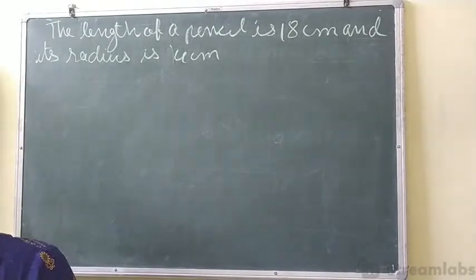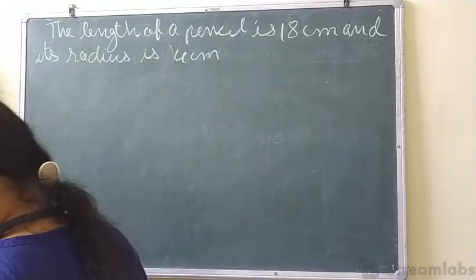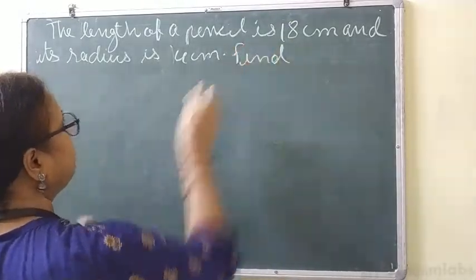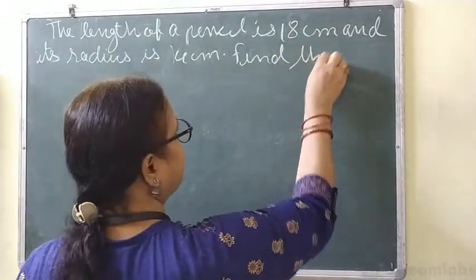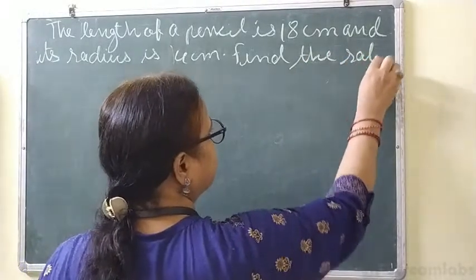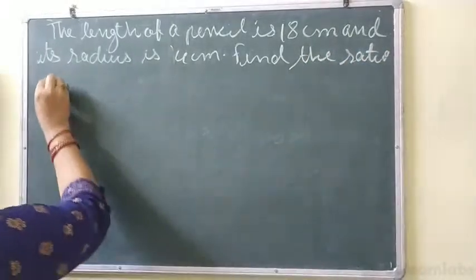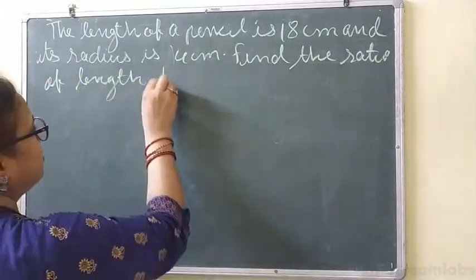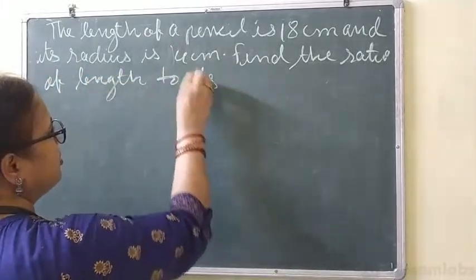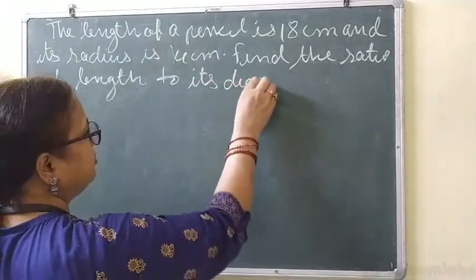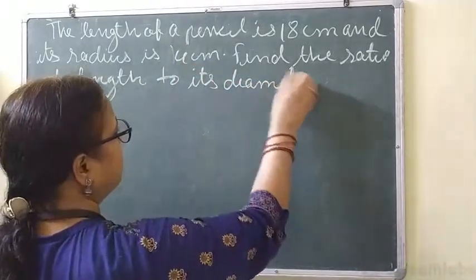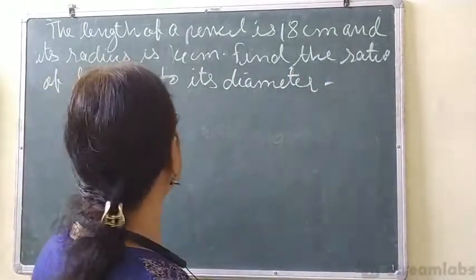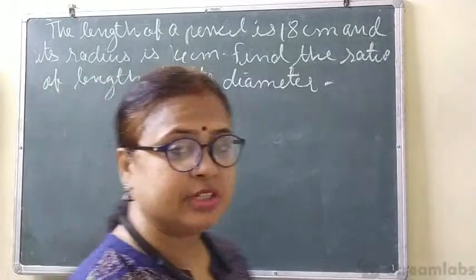Find the ratio of its length to its diameter. Clear? So the length of a pencil is 18 centimeter and radius is given 4 centimeter.